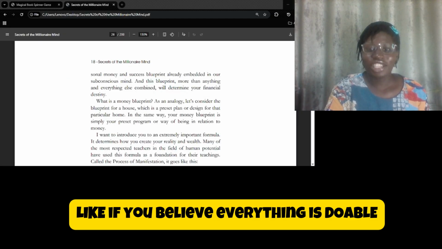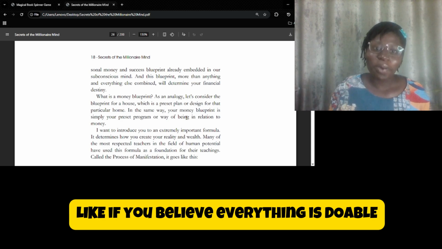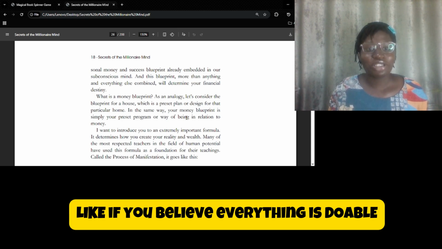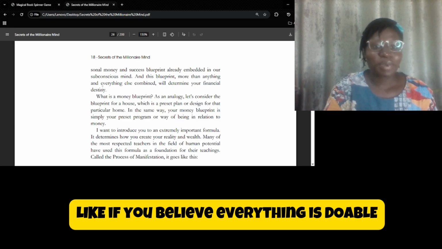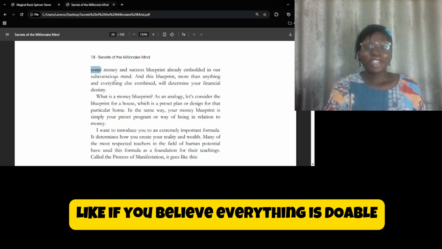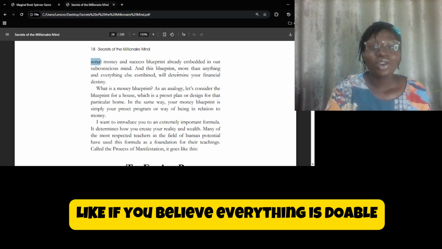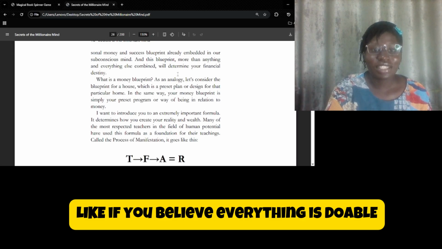So here's page 18, and it reads, "Your money and success blueprint is already embedded in your subconscious mind." I think this part, "so no," was coming from a word up there. And this blueprint, more than anything and everything else combined, will determine your financial destiny.